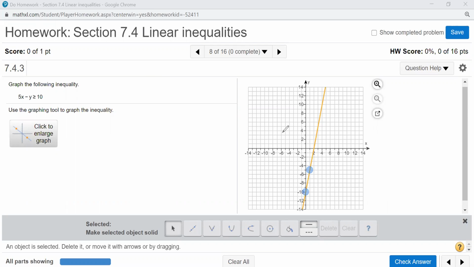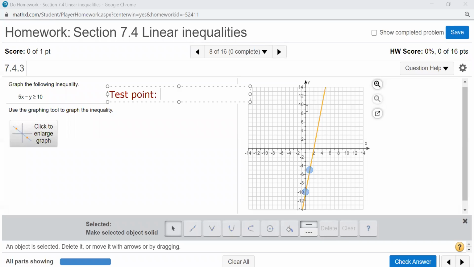Now we have to do some shading. We either shade above the line in this region or we shade below the line in this region. What we need to do is pick a test point. The only rule for the test point is it can't be a point that's on the line itself. So I can't use 0, -10 because that's a point on the line.